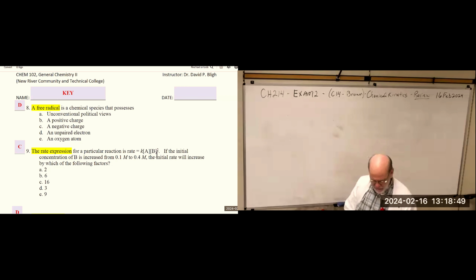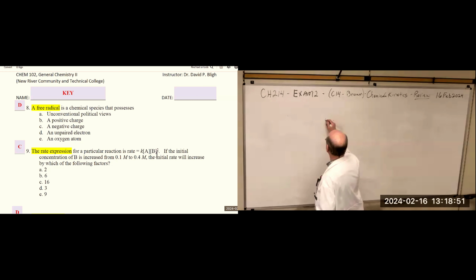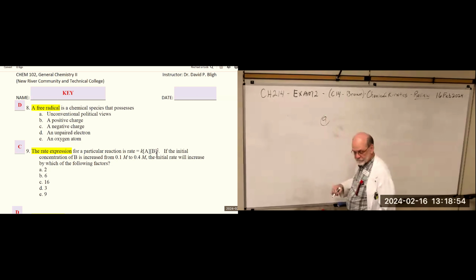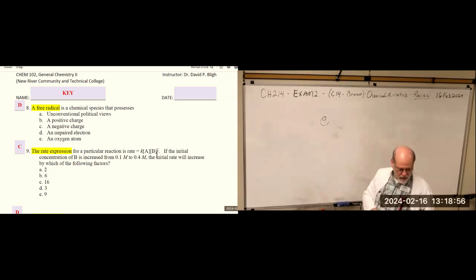Okay, 9. The rate expression for a particular reaction is rate equals k[A][B], so it's second order in B, isn't it?